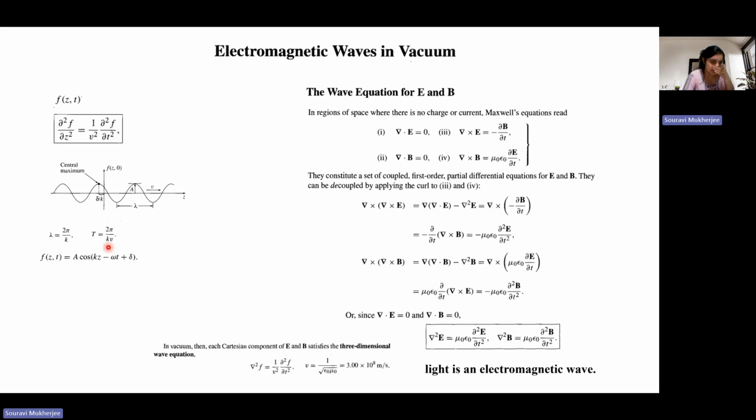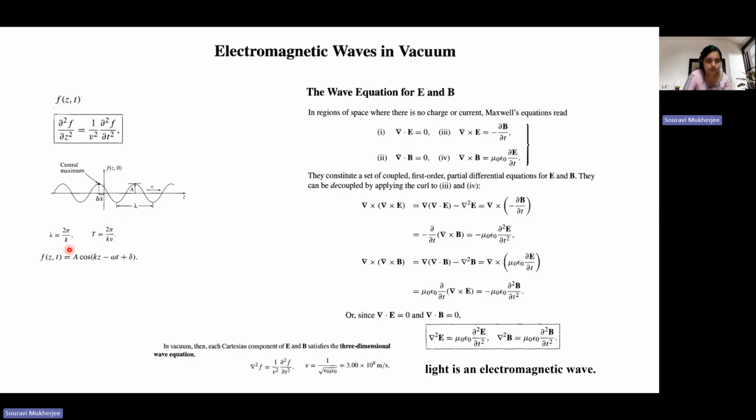One is a temporal variation, one is a spatial variation. So there can be temporal periodicity and spatial periodicity. The omega t term takes care of the temporal change, where omega is your angular frequency, which talks about how it changes as a function of time. So you can define the time period as 2 pi by omega, right?